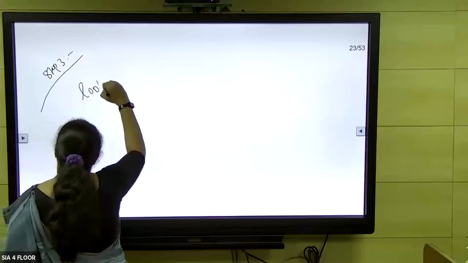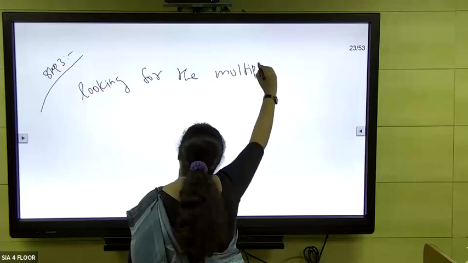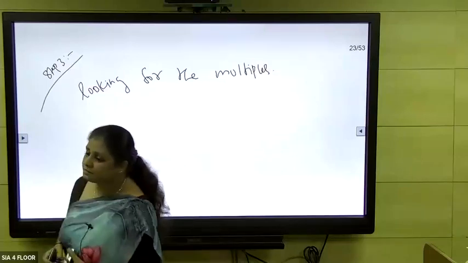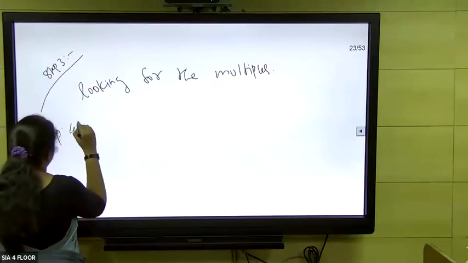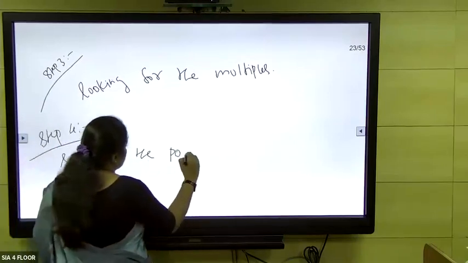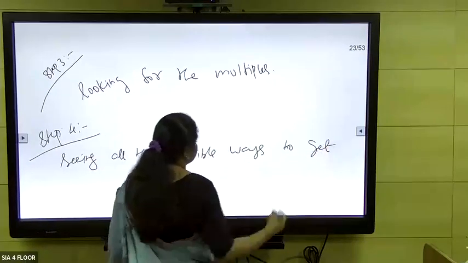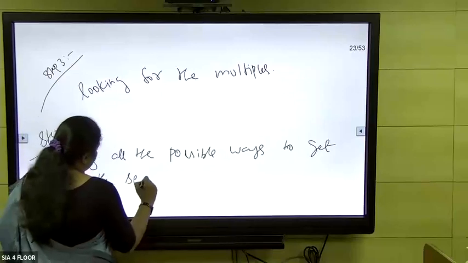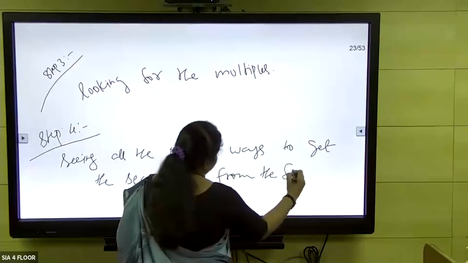Okay, step number 3 is a very important step: looking for the multiples. Step number 4: seeing all the possible ways to get the second number from the first number.